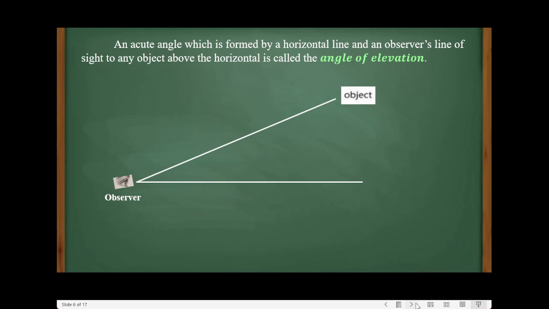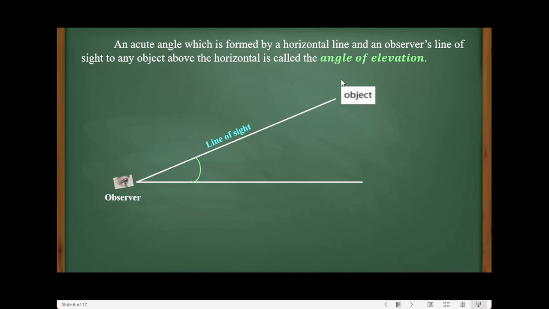And as you can see from this diagram, we have an acute angle. This angle right there is the one we are considering the angle of elevation, the opening of an angle formed by the line of sight and the horizontal.